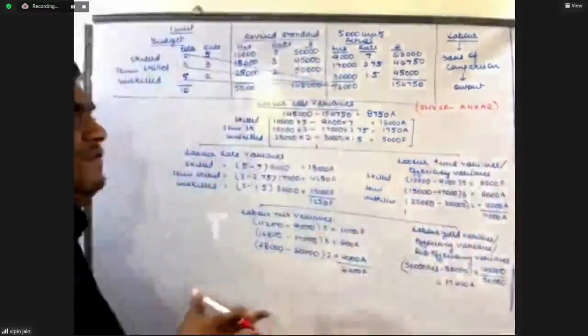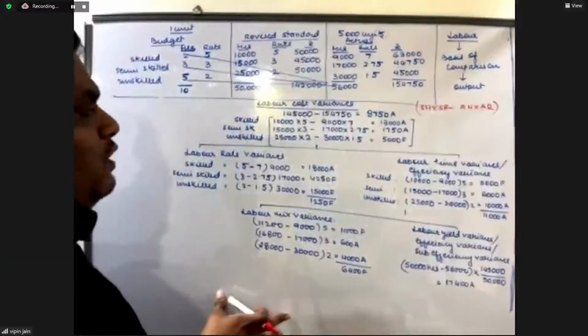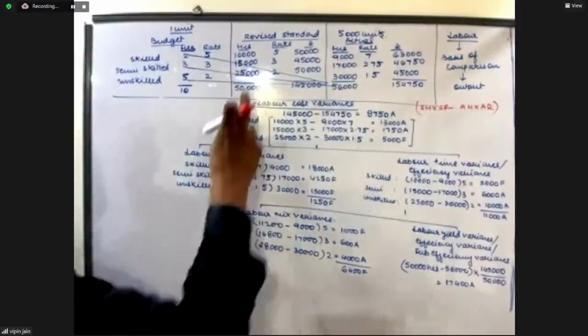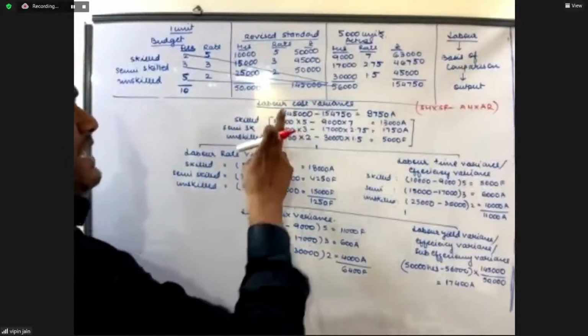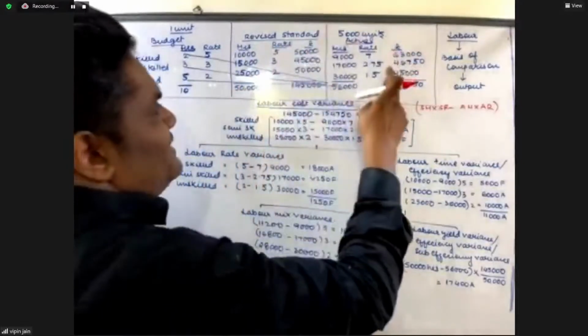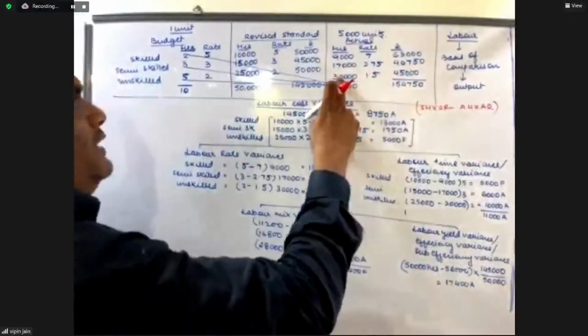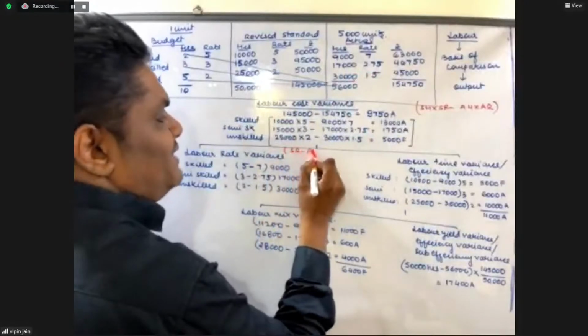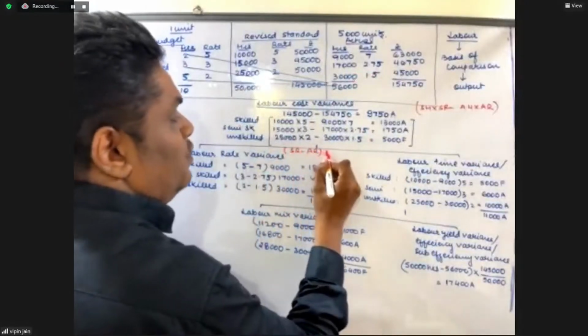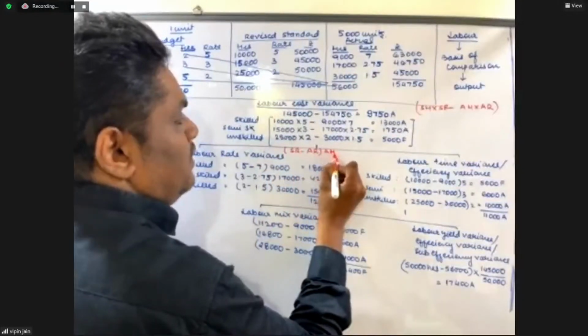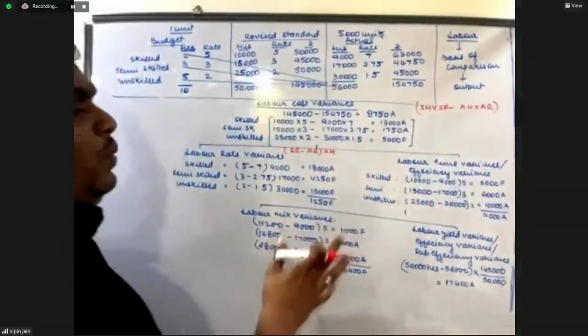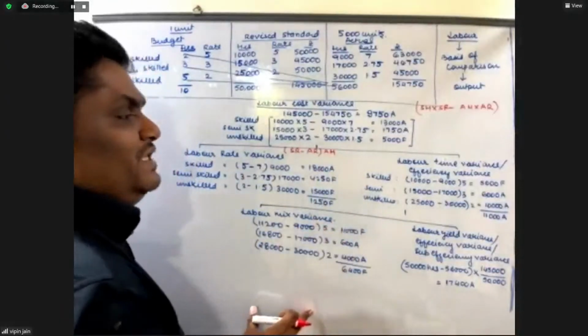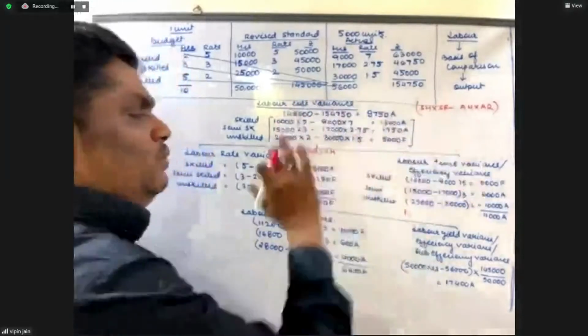Again, the concept of the formula is same. When talking about rate variance also, in case of material price variance, it was standard price minus actual price into actual quantity. So here it will be standard rate minus actual rate into actual hours. When talking about labor time or efficiency variance, again the concept is similar to material.